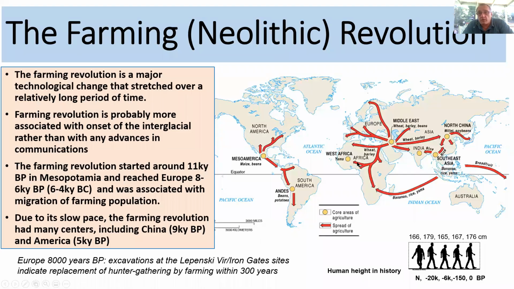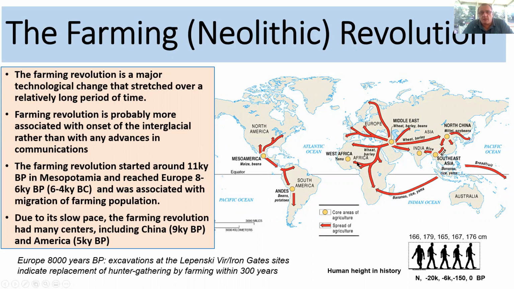Okay, the next revolution is the farming revolution, or agriculture revolution, which took place approximately 10,000 years ago. And unlike other technological revolutions, it's not related to changes in communications. Most likely, it's related to climate change and the onset of the interglacial period.